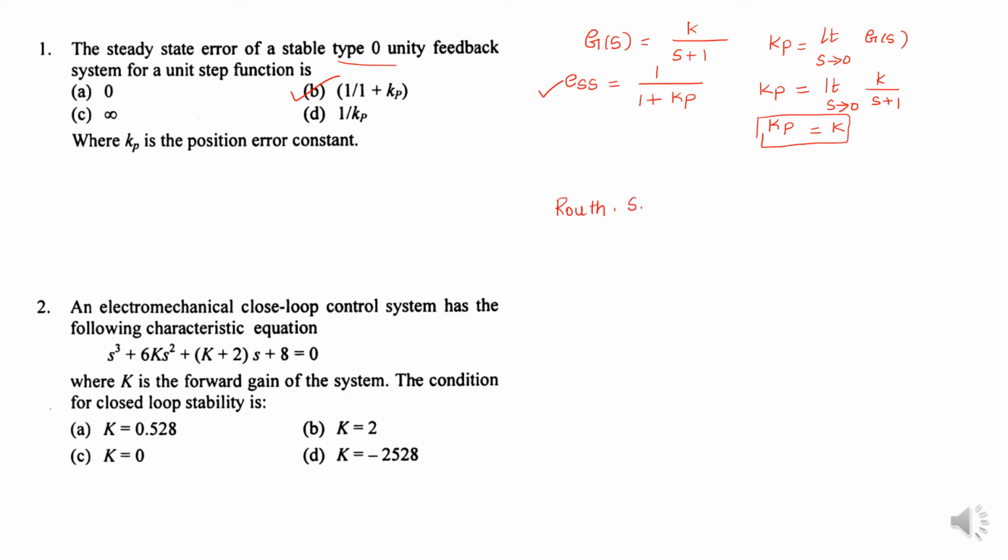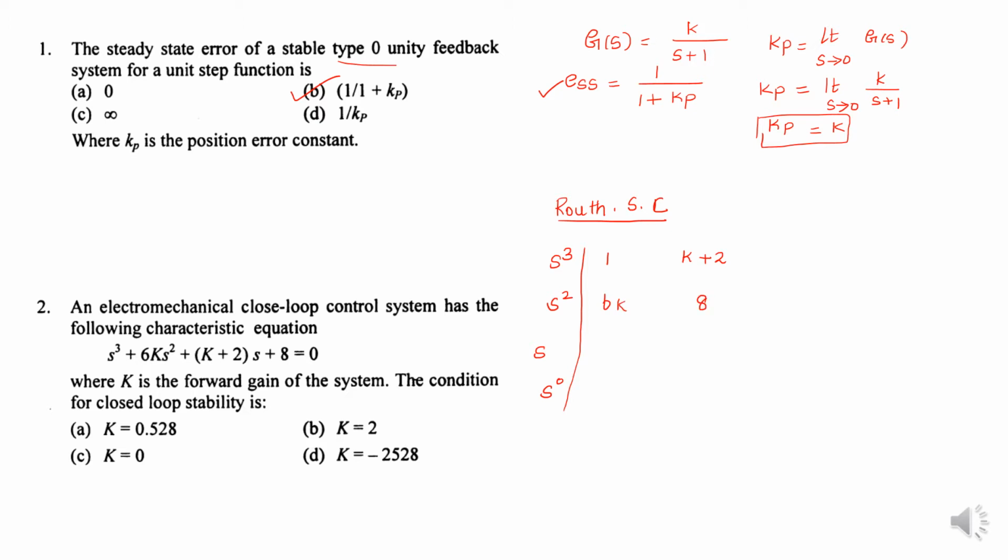So what is the Routh stability criterion? First of all, we have to put s cube, the maximum power, then s square, then s, and then s power 0. Then we put the elements here: the coefficient of s cube is 1, the coefficient of s is k plus 2, for s square it is 6k, and here 8.